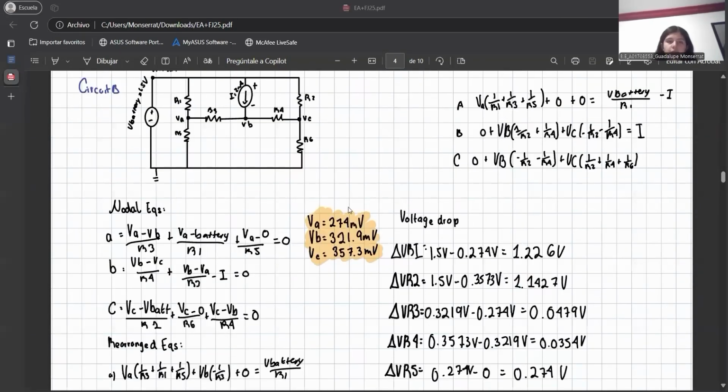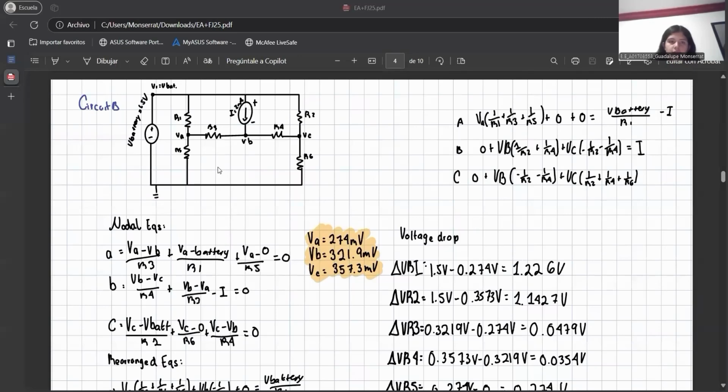For circuit B, here we also have my rearranged circuit. For me to understand it better, I drew the ground node here. Then we have the battery here, and we have three nodes, VA, VB, and VC.